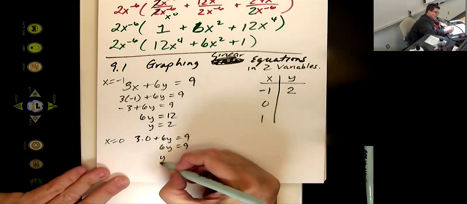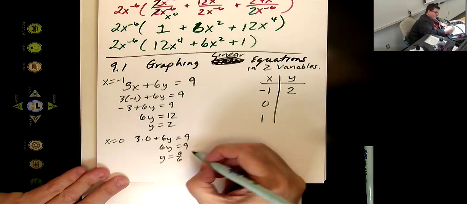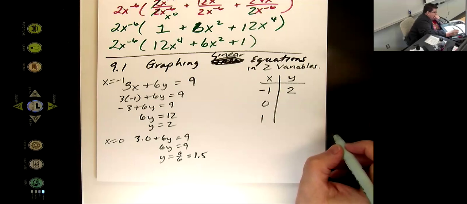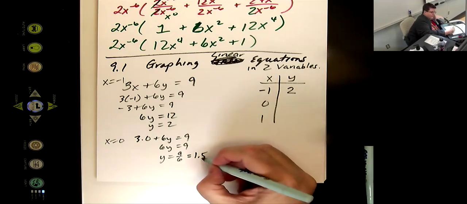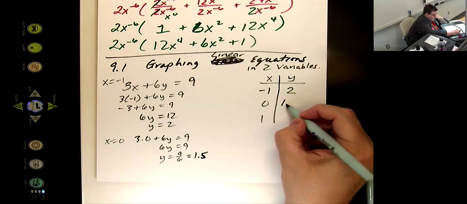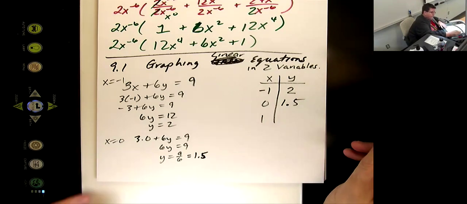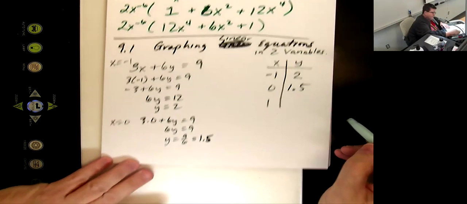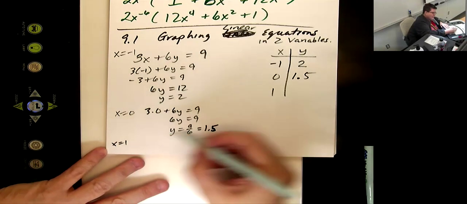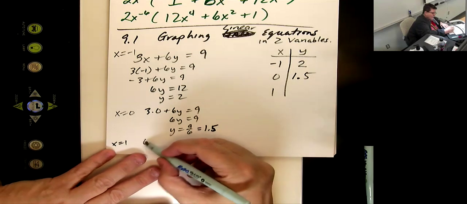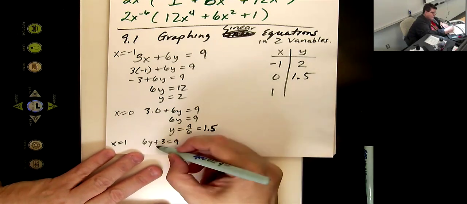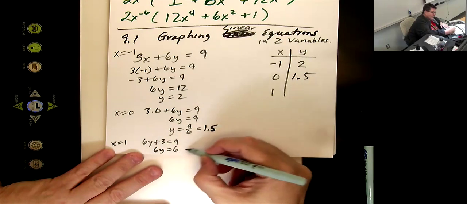So y equals 9/6, which is 3/2 or 1.5. And finally, if I stick in 1, I have 6y plus 3 equals 9. So 6y equals 6, and y equals 1.